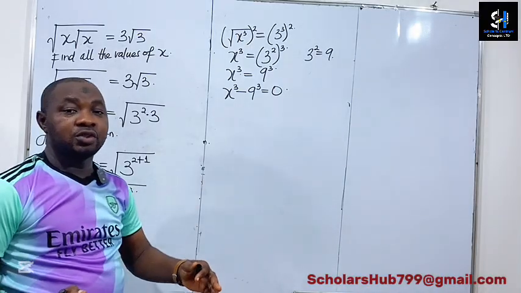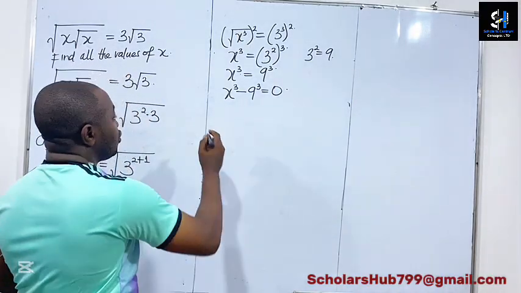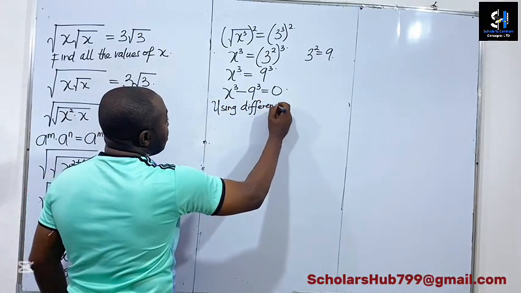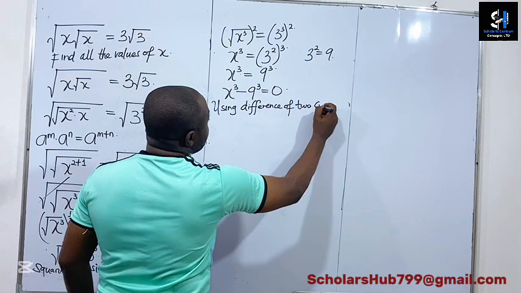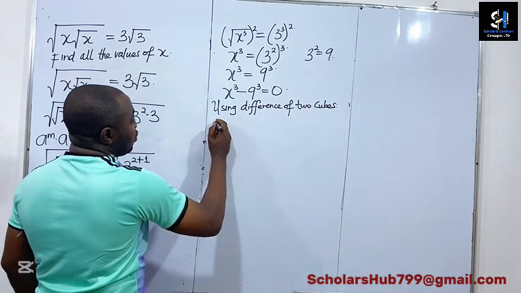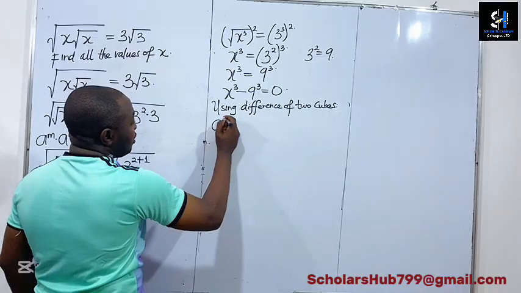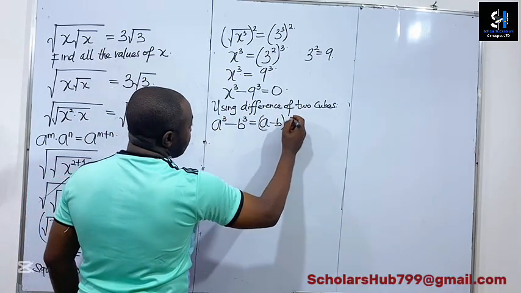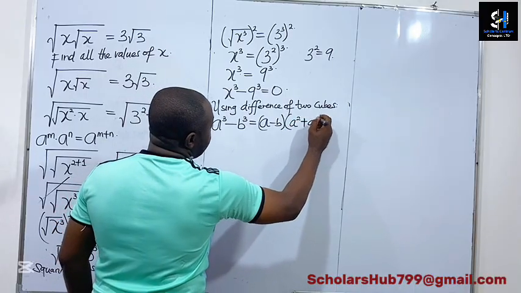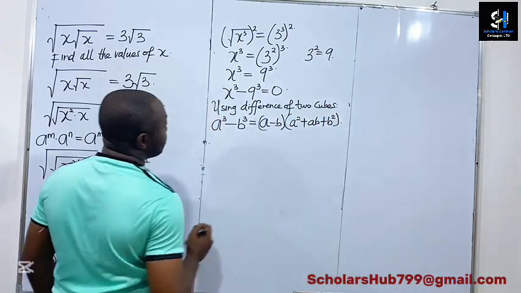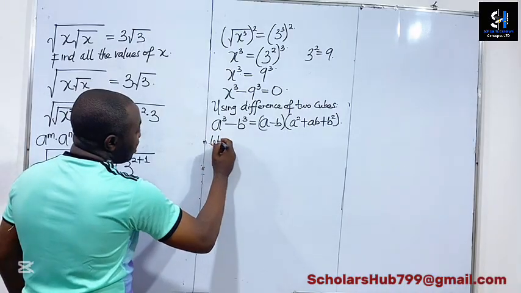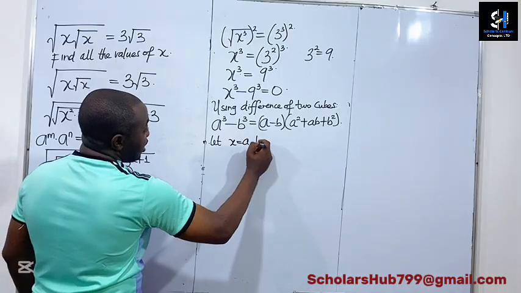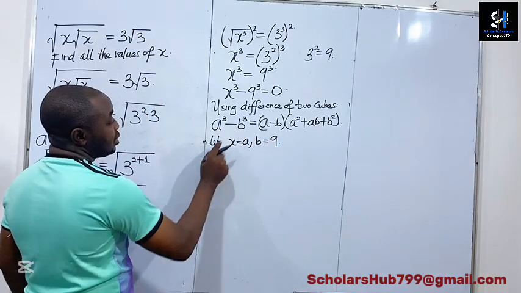So here we have a difference of 2 cubes. We know that for a difference of 2 cubes, we have a cubed minus b cubed, and this will be a minus b multiplied by a squared plus ab plus b squared. So we can say let a equal x, and b equal 9.